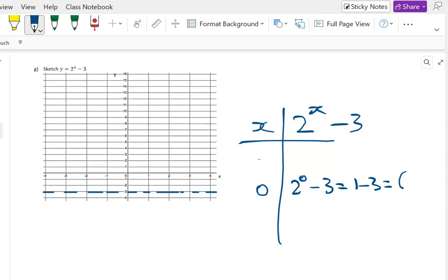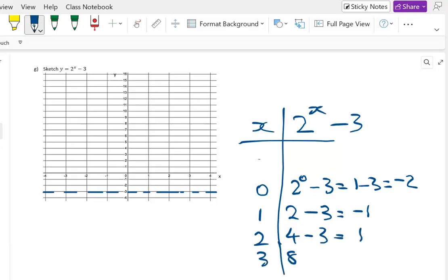So it's at -2. Okay, so the y value will be -2. At x equals 1, we get 2 take away 3, which is -1. And at x equals 2, we get 4 take away 3, which is 1. And at x equals 3, we're up to 8 take away 3, which is equal to 5.